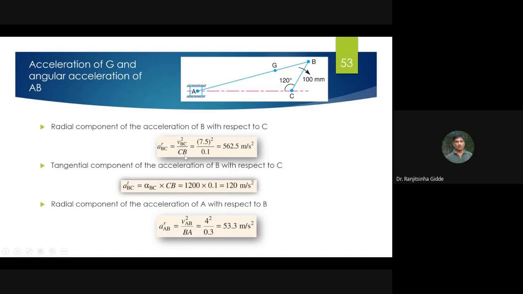Okay, so what are the values? Somebody should tell me. Okay, so 562, then 120, then 53. So which one is a suitable scale?